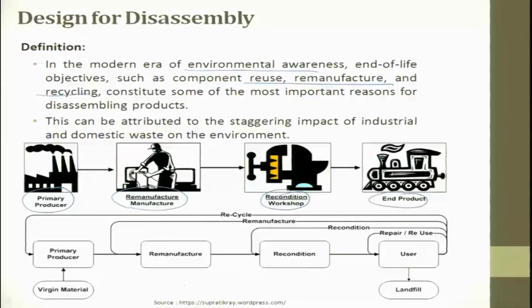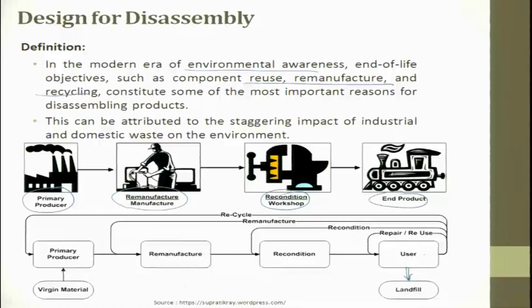The user starts using it, and if there is a problem, he repairs. If the user gives it back, it can be reconditioned and used. If the user gives it back, it can be remanufactured and it can come back. If the user gives it back, it is recycled and it can come to the primary producer. Here you will also have virgin material. Finally, if nothing comes out, it goes to landfill. So, this is what we try to say.